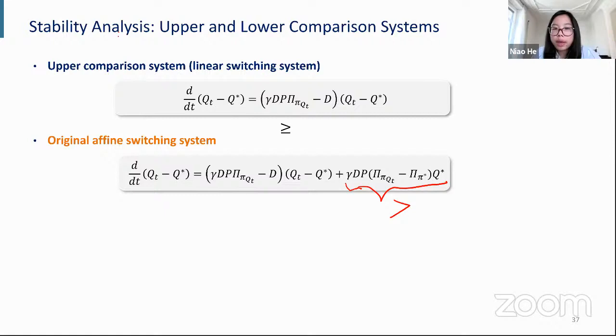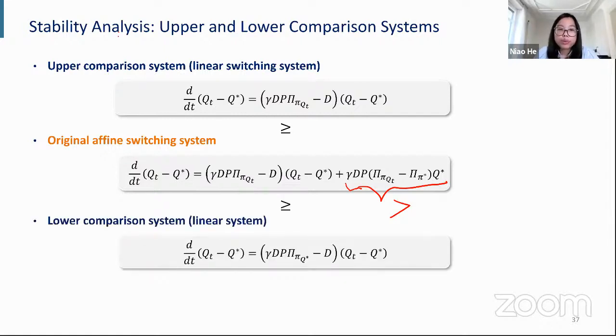So any action you take by any policy pi_qt will give you a smaller value function. Hence, this term is smaller than or equal to 0. That basically implies that this linear switching system you come up with is indeed strictly an upper bound of this affine switching system. Okay, so that's why we call it an upper comparison system.